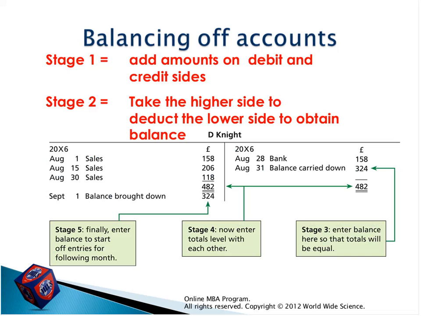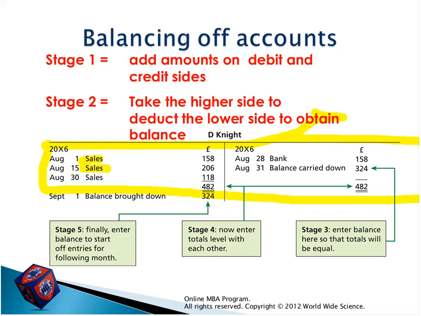Here is an example of a trial balance. On the left side, we have some sales, like 158, 260, 118. So the company received some revenue, sales. And on the right side, we have some assets.